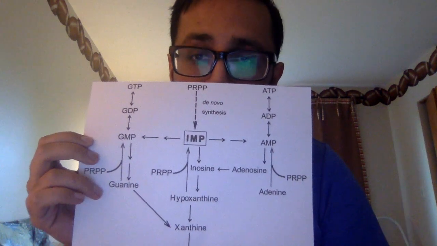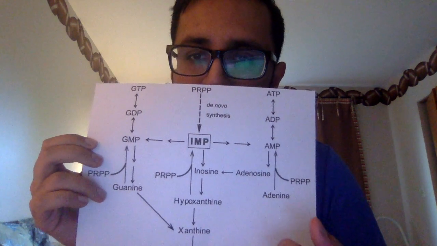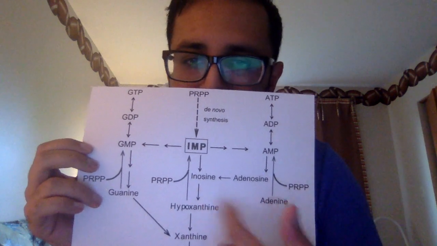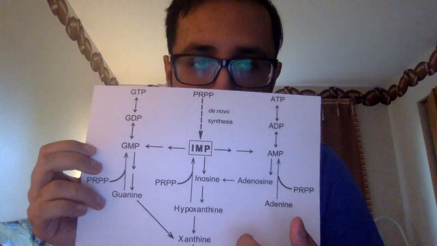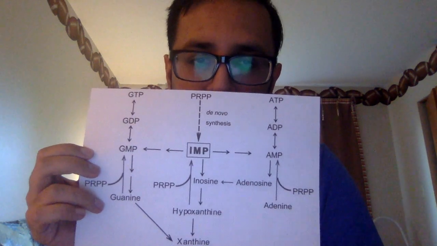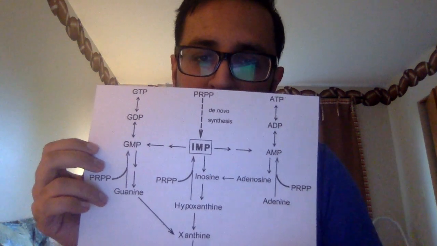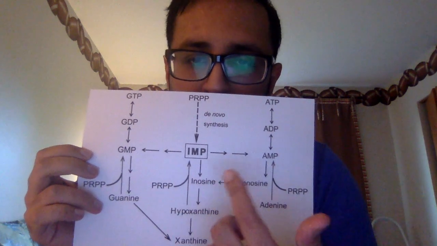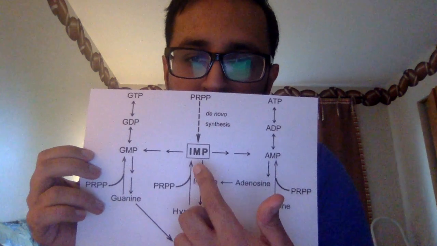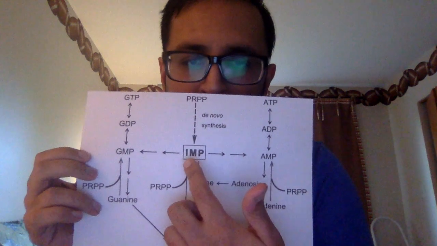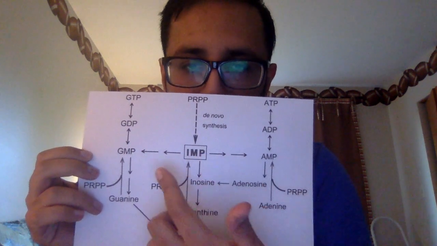Inosine then undergoes a reaction, which is not shown here, with phosphoribosyl pyrophosphate to form IMP, inosine monophosphate. Inosine monophosphate then can either undergo catalyzed reactions to regenerate purines, adenine, and guanine respectively.